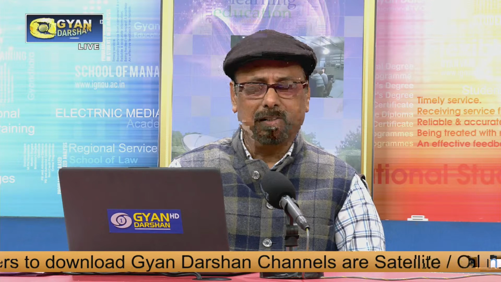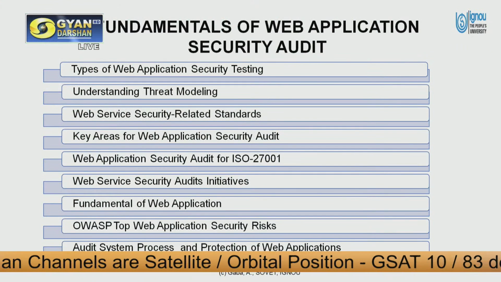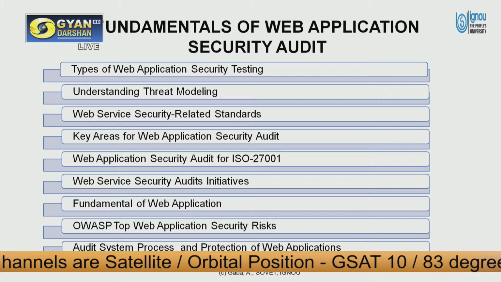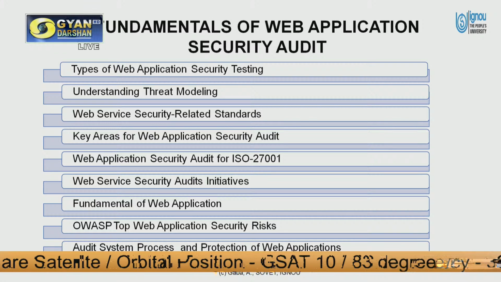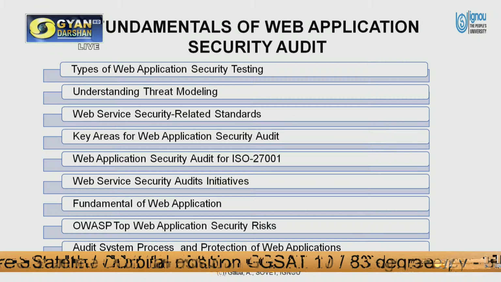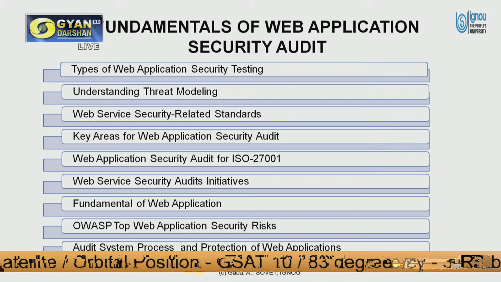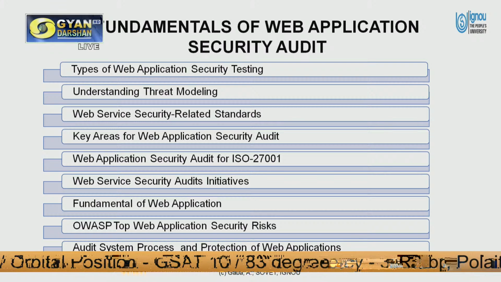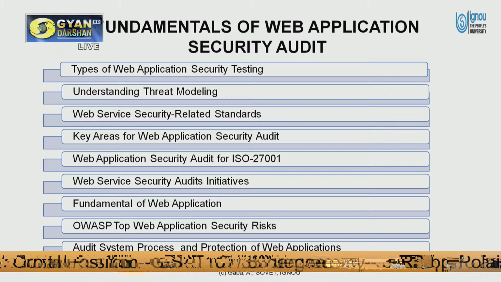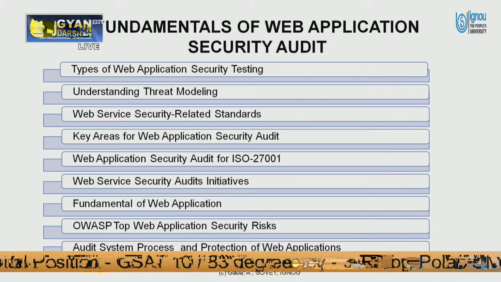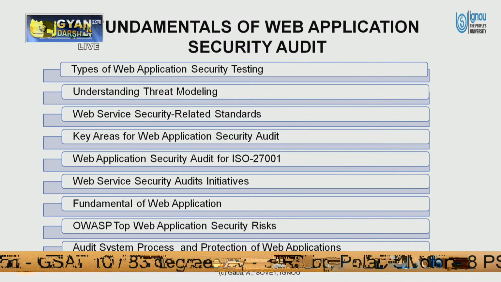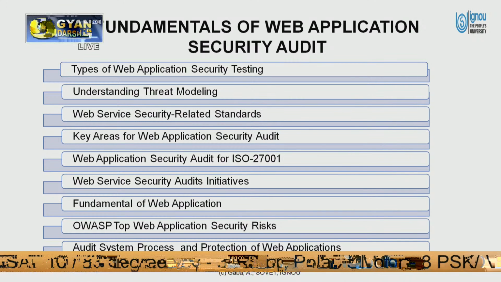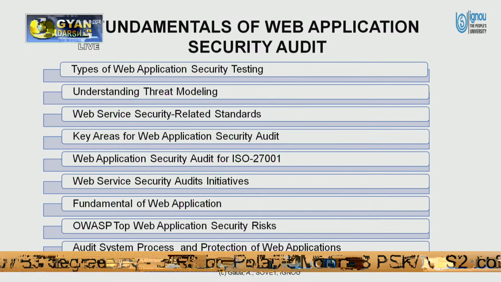As viewers and learners, you may have a lot of questions in mind about what we have included in this unit. This unit covers different terminologies, like the different types of web application security testing, understood broadly. It explains the basic requirements for this course, and web services security related issues and standards.